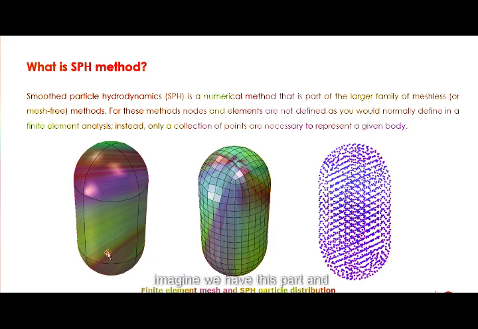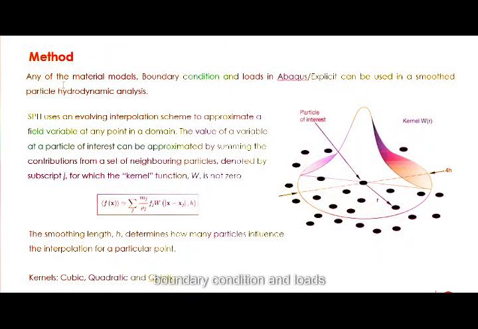For instance, imagine we have this part, and then we mesh it, and when we activate the SPH particle, we are going to have a collection of nodes, as you can see here. Any of the material models, boundary conditions and loads in Abaqus Explicit can be used in a smoothed particle hydrodynamics analysis.